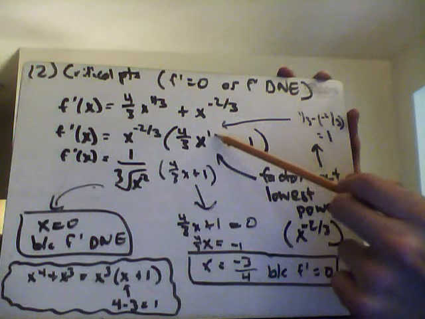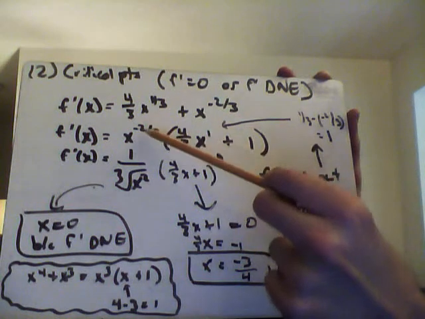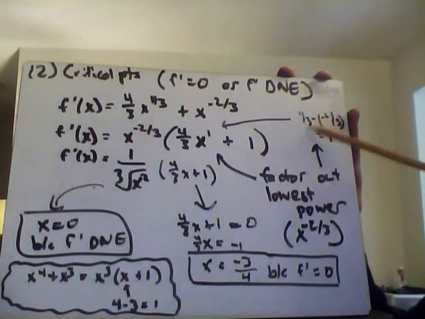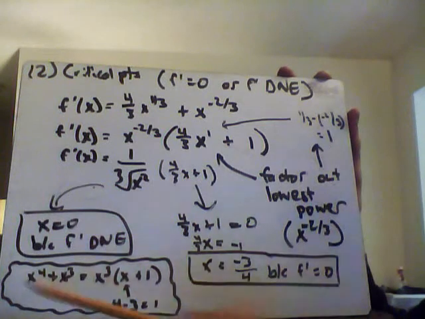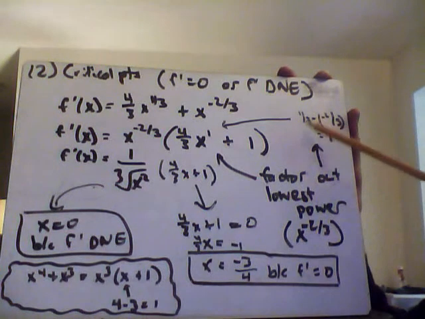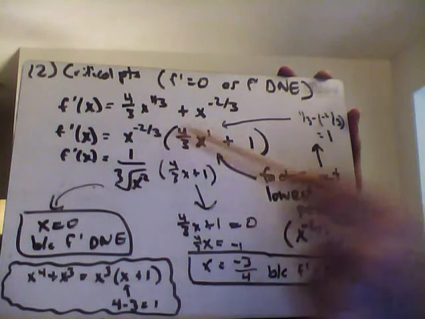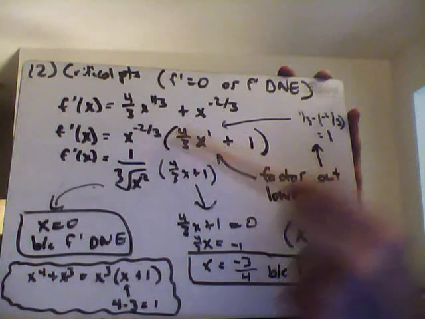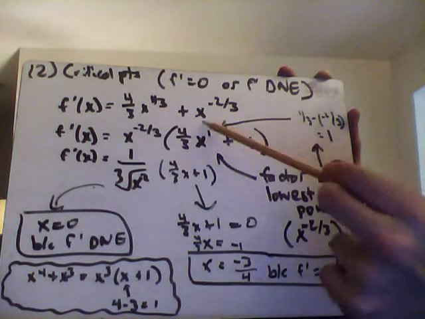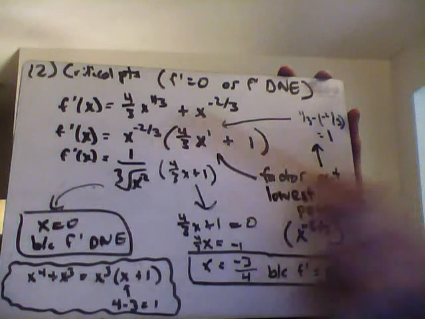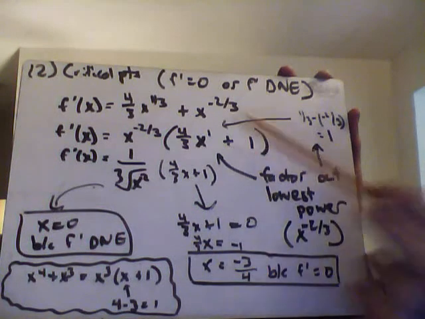The reason for that is because we're factoring out a negative 2/3, and 1/3 minus a negative 2/3, just like the 4 minus the 3, what we have originally minus what we factor out, will leave us 1. You can multiply this back out to see that the x to the first times x to the negative 2/3 is x to the 1/3. Moving on, when we factor out an x to the negative 2/3, we're left with just a 1 here.